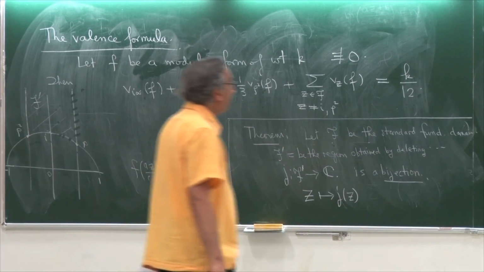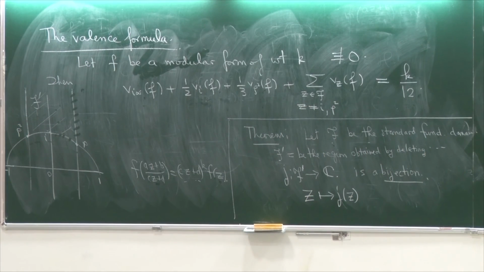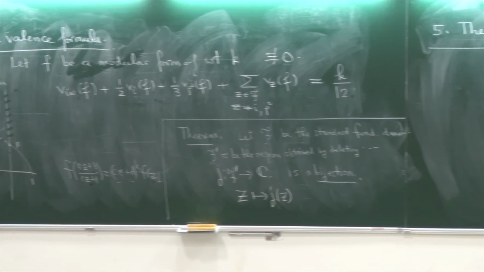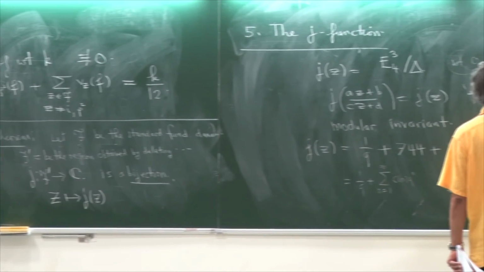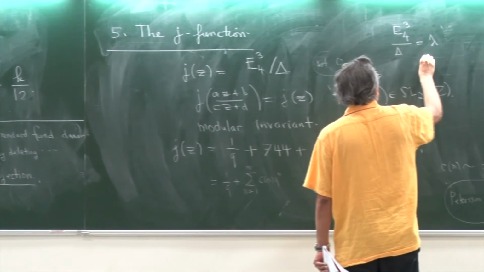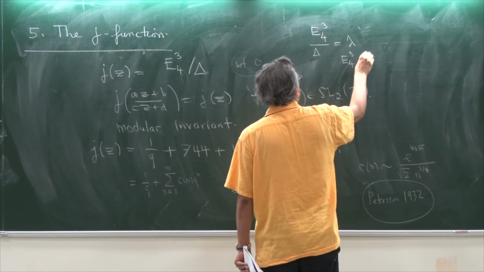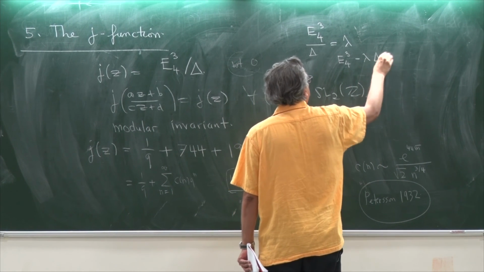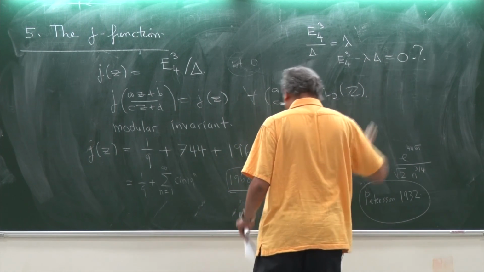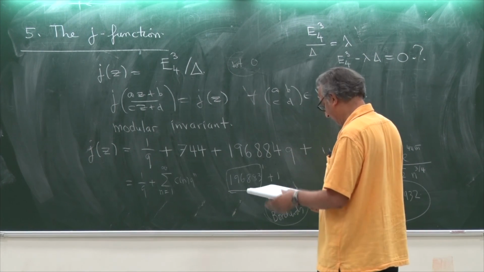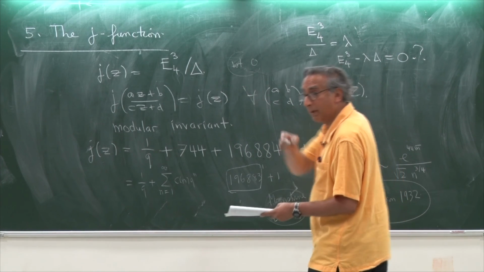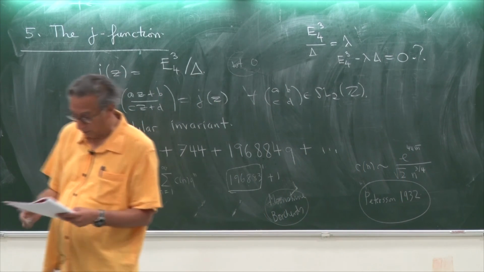And the point of that is to figure out how often do I have E4 cubed divided by delta equal to some lambda. And so the question is, when can I solve this? And that's clear by examining the Valence formula. Maybe Karamdev can do that in a little bit more detail.